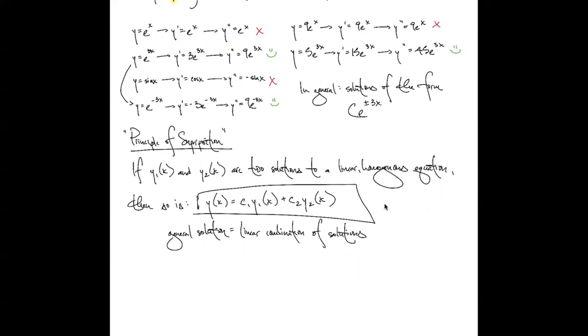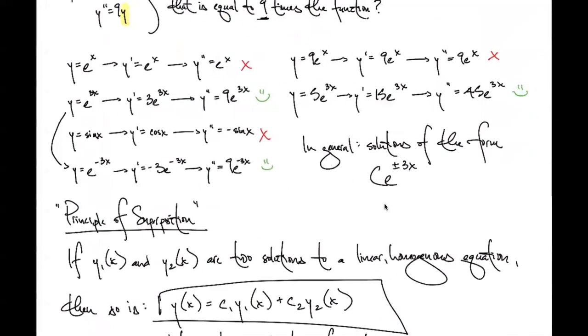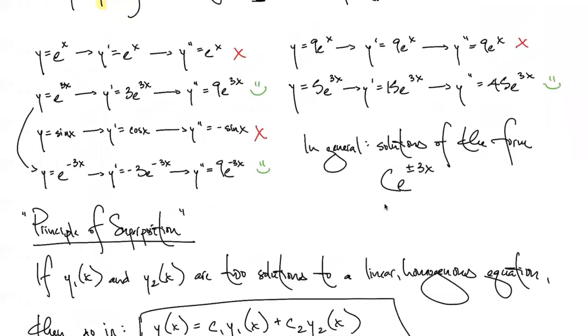So if we take a look at the example we did yesterday, we could say that y is going to equal c1 e to the 3x, that's one of the solutions, plus c2 times, what do you think the second solution would be?